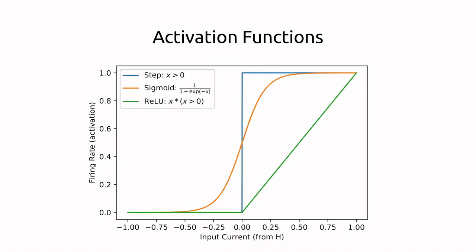Examples we've already encountered of these models are the step function, this hard step function here, the sigmoid function, which squashes everything between 0 and 1 and transitions smoothly from one to the other, and then the ReLU function, which outputs 0 whenever there's no or negative stimulation, and then outputs whatever the input is once the stimulus crosses the threshold of 0.